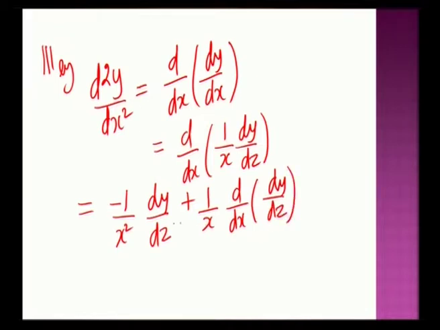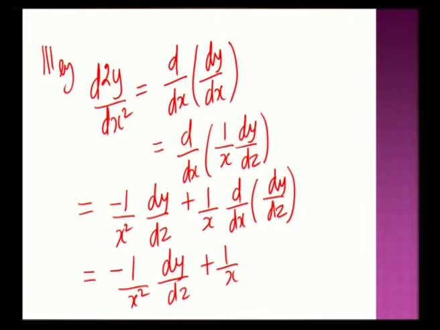This is what we get after using the UV rule, which is equal to minus 1 by x square dy by dz plus 1 by x.